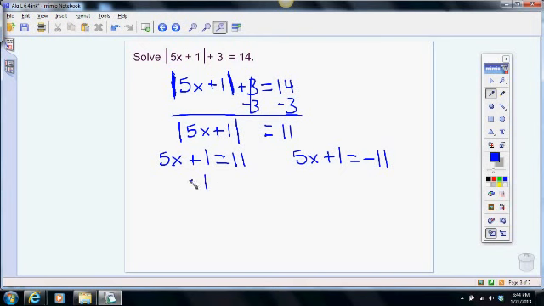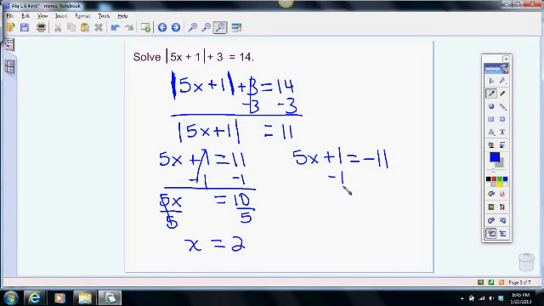But solving equations doesn't change. Subtract 1 from each side. We have 5x, our 1's cancel, equals 10. And then you just divide both sides by 5. 5 divided by 5 is 1x. 10 divided by 5 is 2.